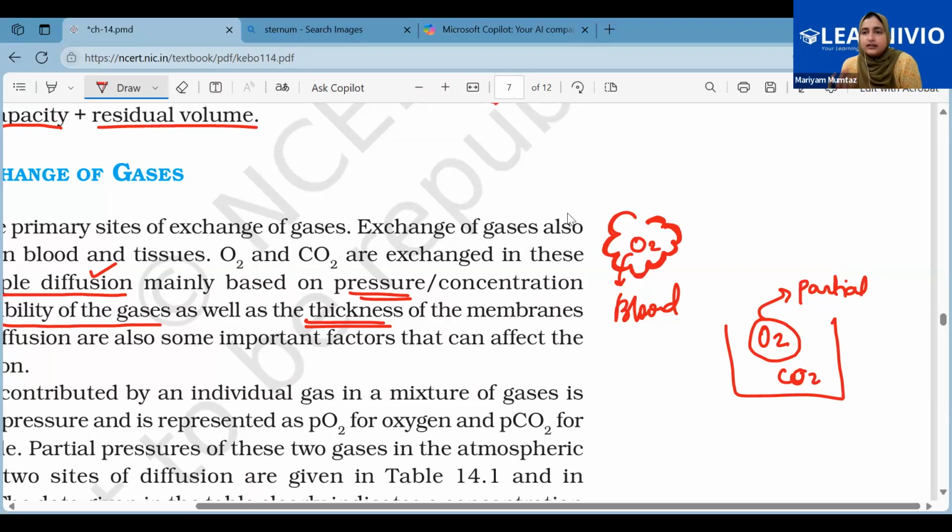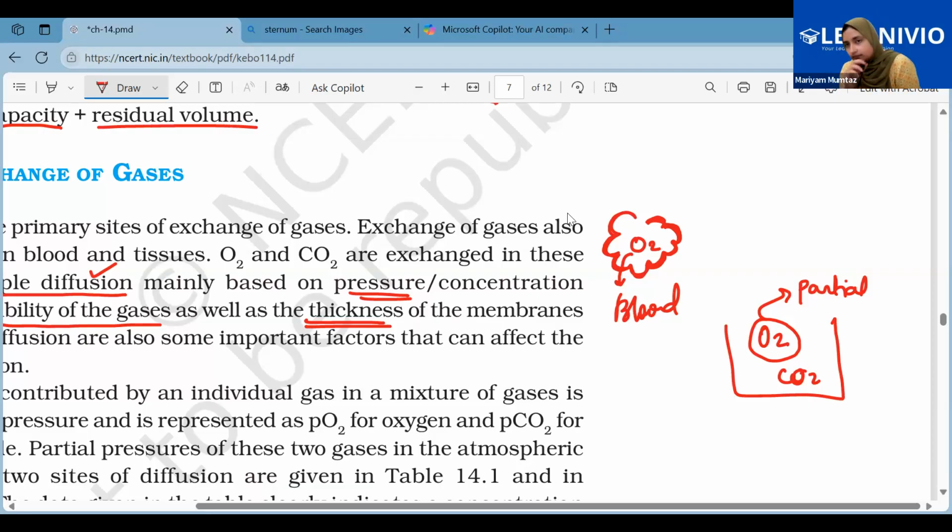Getting my point? If there is a mixture of gases in any vessel, every single gas has some pressure to apply, but collectively it will be one kind of pressure exerted by all of them. But if you talk about their individual pressures, it will not be the pressure of the whole container. Rather, it will be their own pressure, which we call partial pressure.